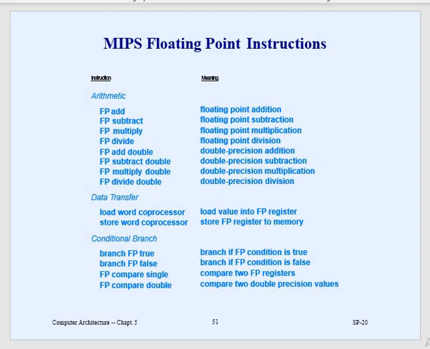Now coming to the arithmetic of floating point instructions. As we have already discussed, there are two types of registers available in the microprocessor: the general purpose registers and the floating point registers.